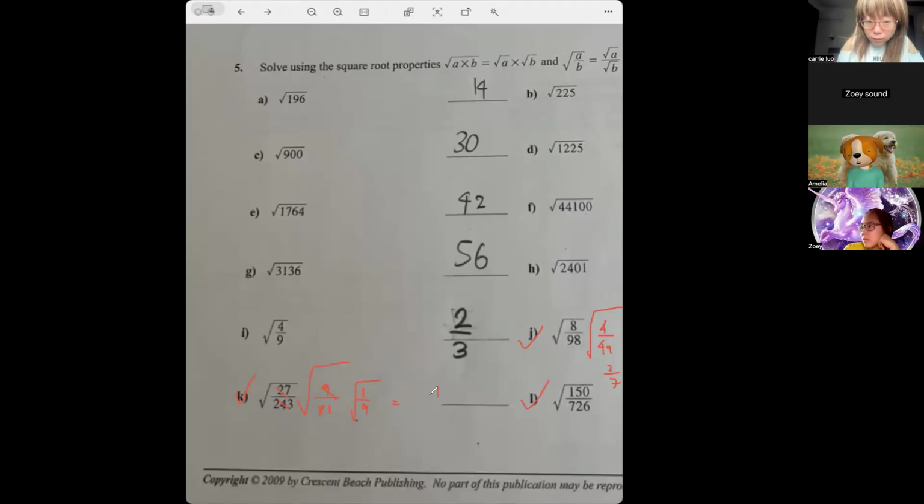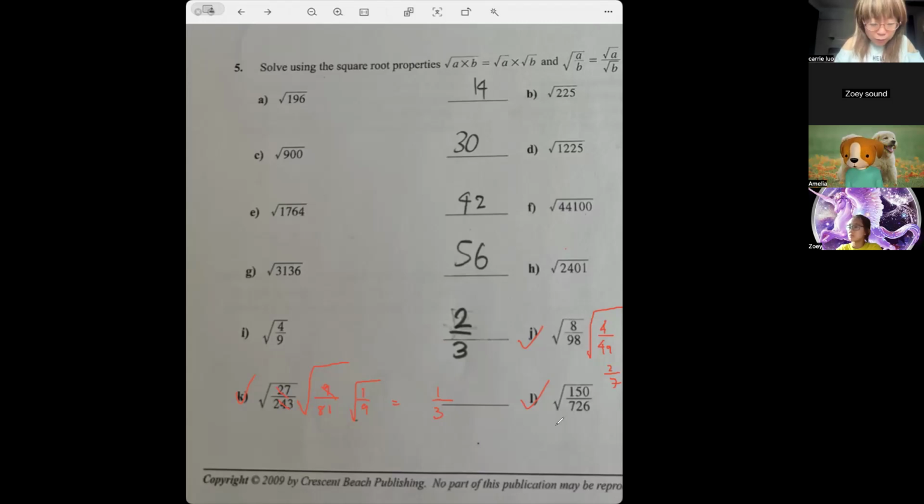So the answer is 1 over 3. Oh, I got 3 over 9. Yeah, you need to make sure you simplify it. Always simplify. Get it, Zoe? This is very important, okay?